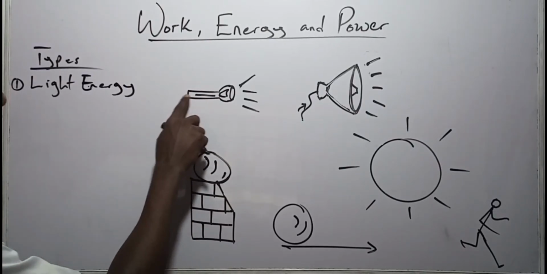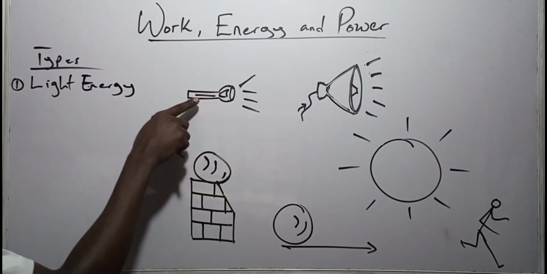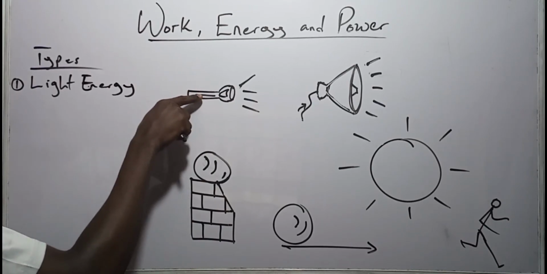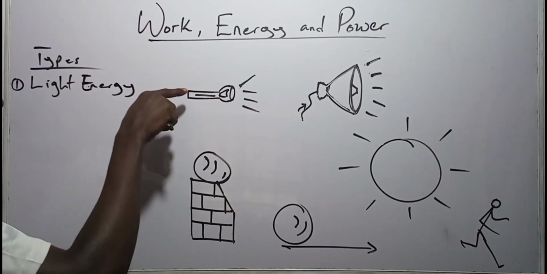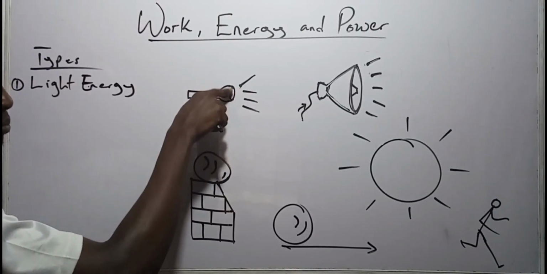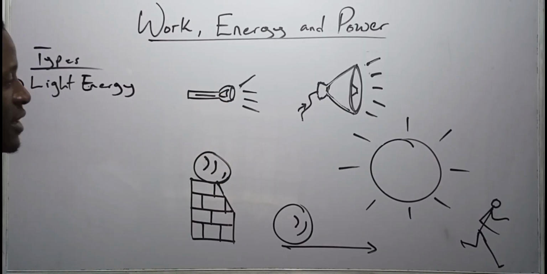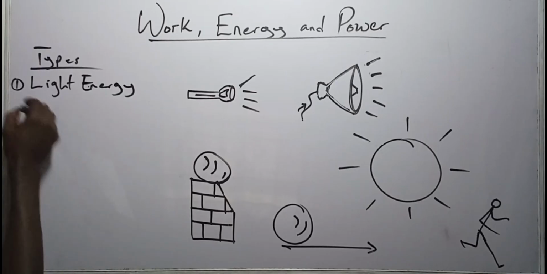But if you examine this torch properly, you will know that inside this torch is a battery. The battery is actually the one powering the bulb that is giving out the light. The battery working inside this flashlight is working on a particular energy that is called chemical energy.